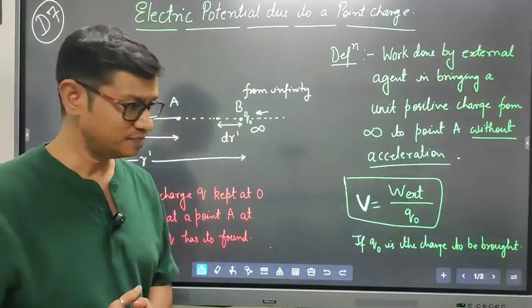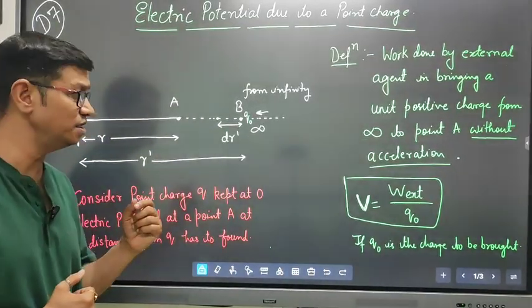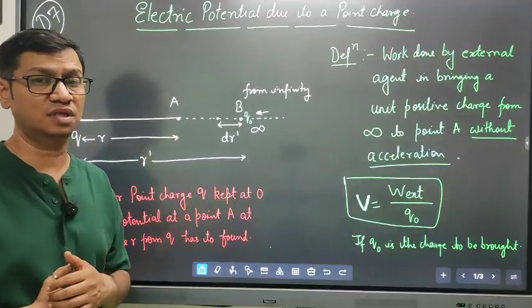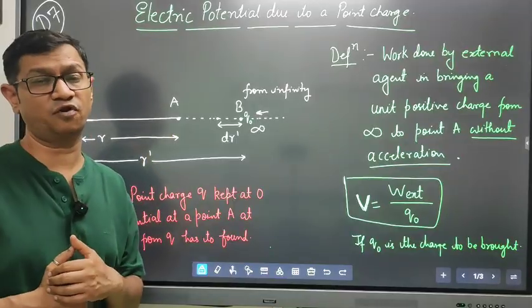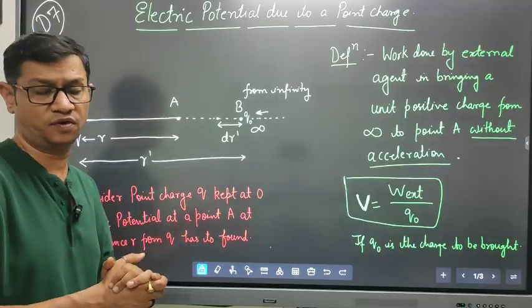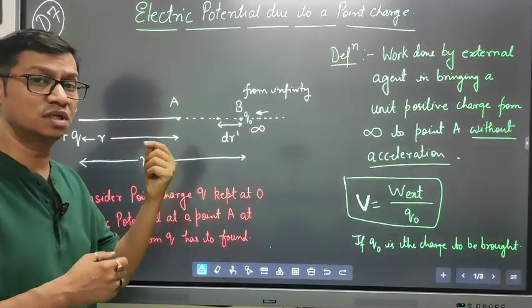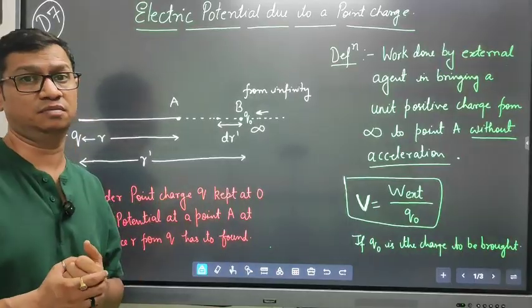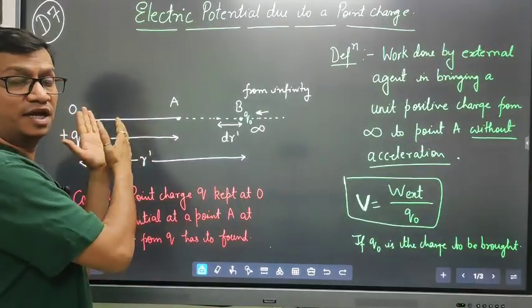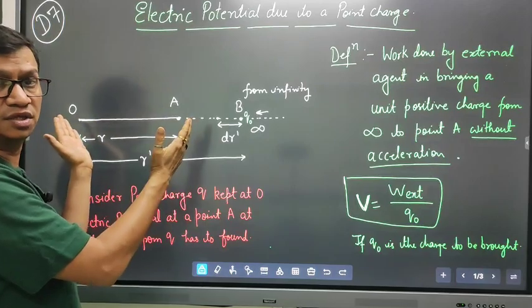Okay. Now also understand a slight complication here. This force is not a fixed force. For a fixed force, we can simply do force into displacement and find out the work done. But here, as you come closer and closer, the force will become stronger and stronger, because you know that electrostatic force is a function of distance between the two charges.